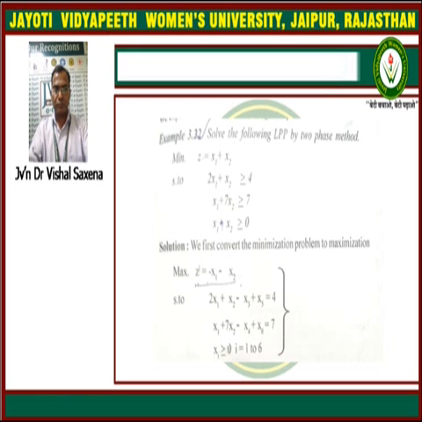Here x3 and x4 are the surplus variables, while x5 and x6 are the artificial variables. So these are introduced here to solve this problem in phase 1.